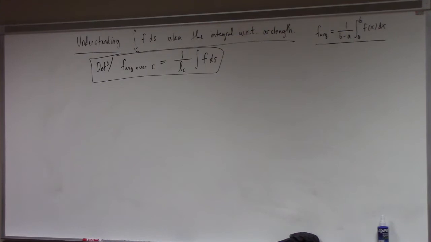Zero, 1, 2 to where? 3, 4, 5, right? Which is also the length of this vector, right? So that's the magnitude of 3, 3, 3. It looks like it's a square root of 27 again, huh?